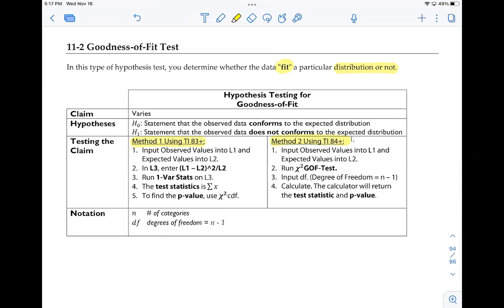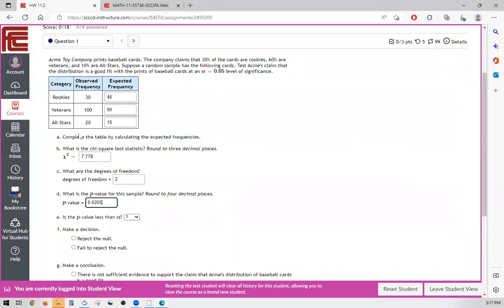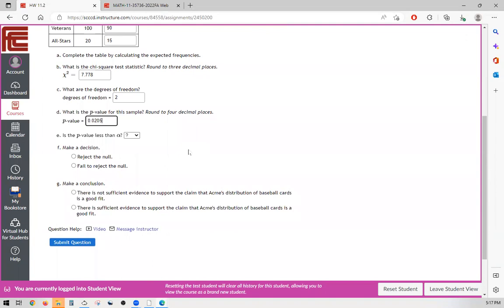So if we take this as an example, the null hypothesis would mean that the observed frequency conforms to what the company claims with their distribution of playing cards or baseball cards. And then the alternative would be that it does not conform. The observed does not fit with the expected. That's what the alternative would suggest.